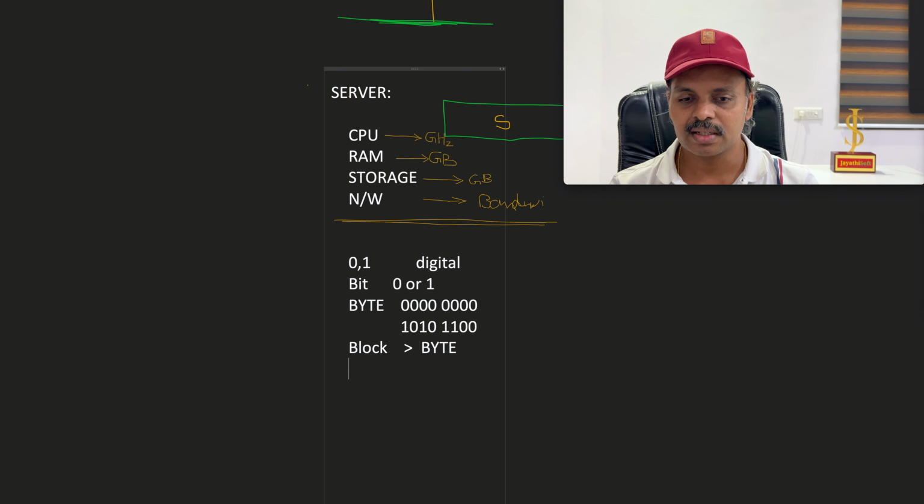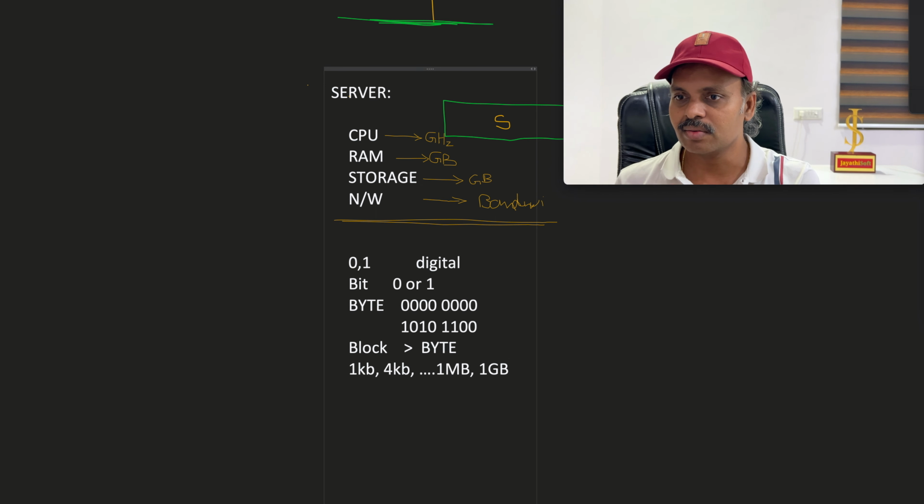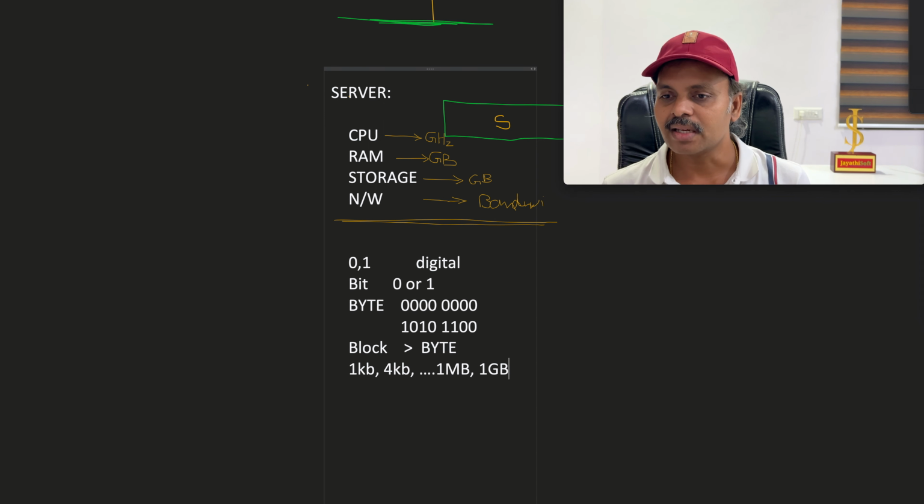But blocks definitely 1 KB, 1 kilobyte, or 4 KB, up to even today some systems support 1 MB block size, or even 2 MB, 4 MB, even GB, different. So I don't know, maybe today maybe something came in new, maybe it supports 2 GB, I don't know. Just understand that block size is not specifically defined, but in different environments there will be something called default size. But understand, technically anything bigger than a byte is a block, right?